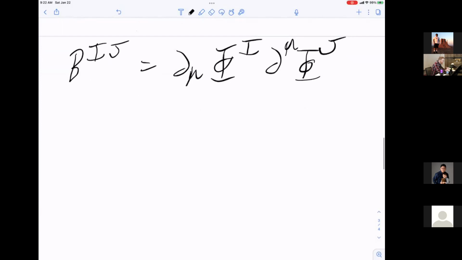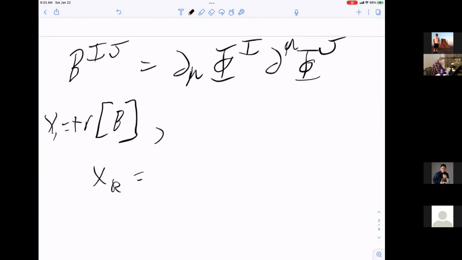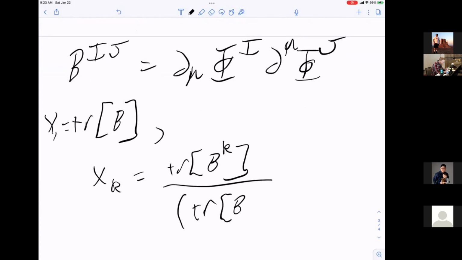But that's pretty simple. You just start taking traces of this matrix B. So that would be a particular invariant. And actually, I can come up with a whole set of invariants. I'll label this X1, and all my invariants are Xk, the trace of B raised to some kth power. And I want Xk and X1 to be the same order, so I'll just divide out by the trace of B to the k minus 1. That way they have the same dimensionality.